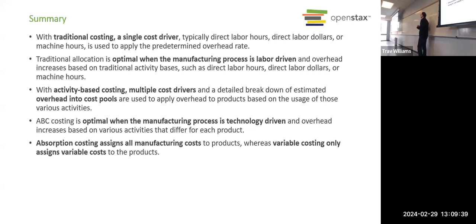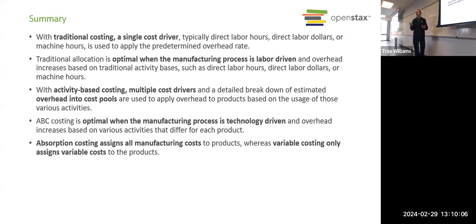So direct labor cost, direct labor hours, and machine hours. Those would be the 3 traditional activities. So normally you take your total estimated overhead divided by your total activity that you've estimated, one of those 3, and that gives you a rate, right? And then you multiply that rate by the actual direct labor hours, direct labor cost, or machine hours to apply overhead.